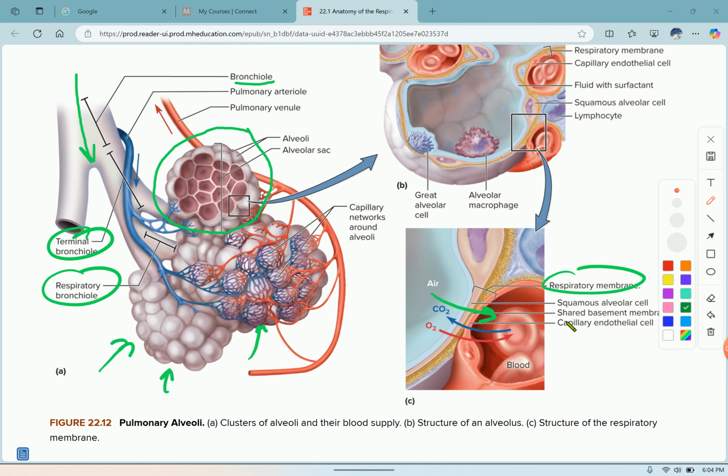Simple squamous epithelium means it's one cell layer thin. So it's very thin, and gases like to diffuse easily along very thin tissue, right? So gas exchange does very well with thin tissue. So there's your simple squamous alveoli.